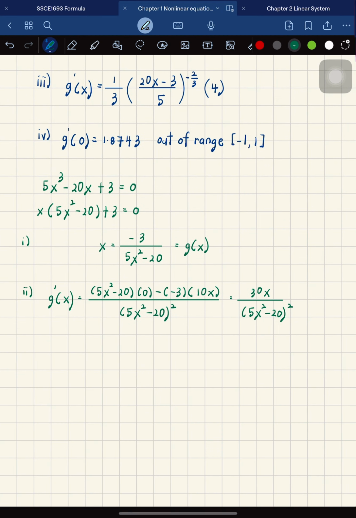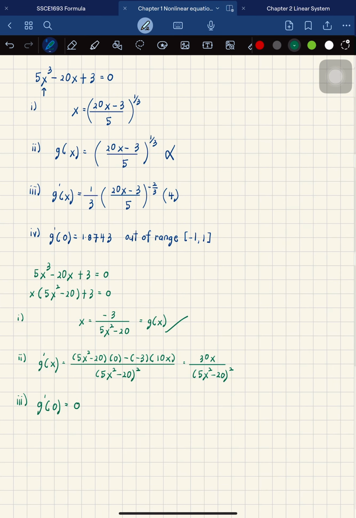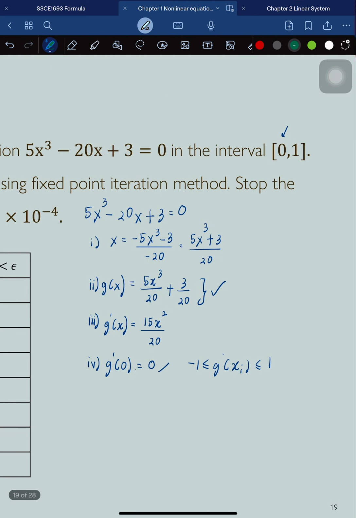Right. Okay, the next step is you substitute the value of x naught, which is obviously equal to 0. So equal to 0, so still in range, means this g(x) can be accepted. Okay, can be accepted.